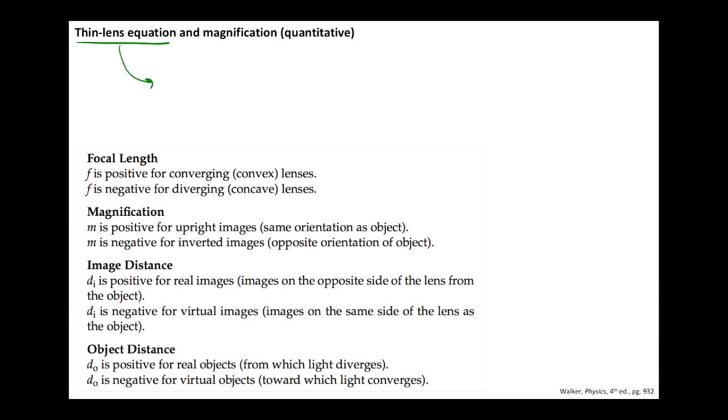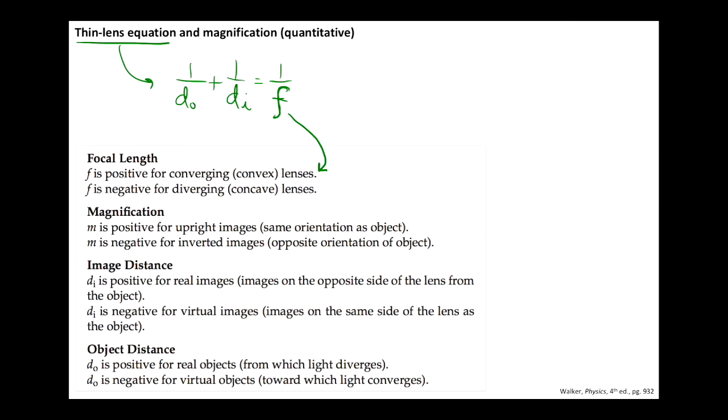It looks exactly the same: 1 over DO plus 1 over DI equals 1 over F. Oops, that should be kind of a curly F to keep things straight. Once again, the focal length is the same distance as the focal position or the focal distance from the lens, but the plus or minus on the focal length is going to carry additional information telling you what type of lens you have. Diverging is the negative one.